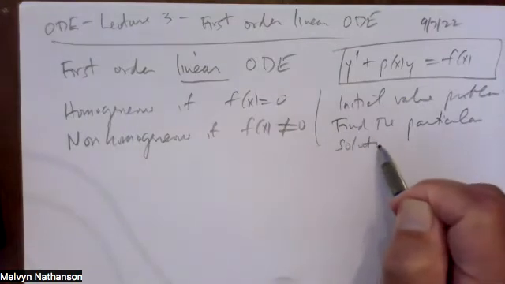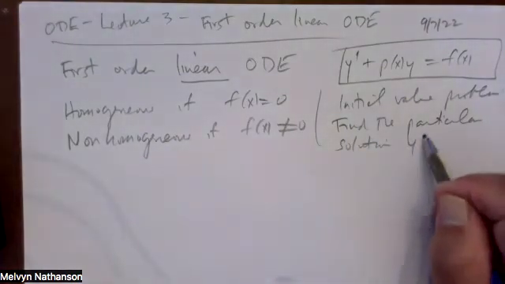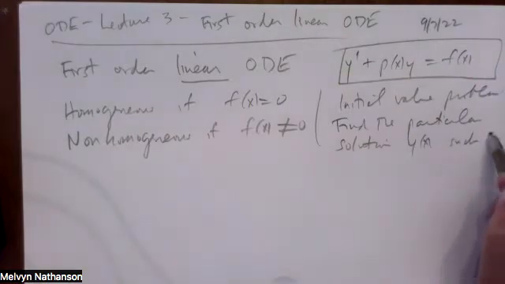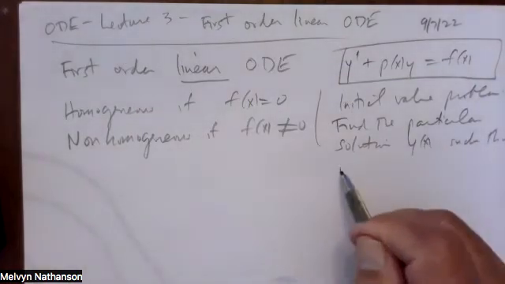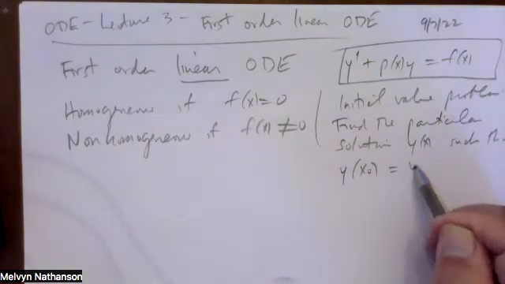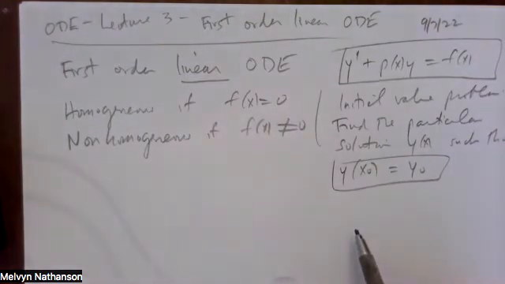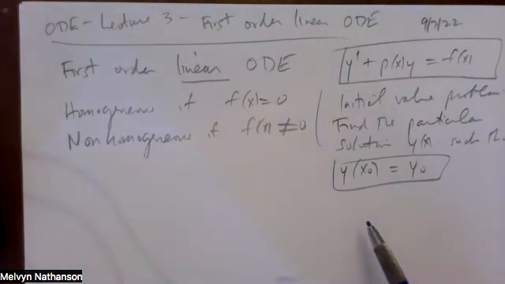That means a particular function y of x such that at some initial value x naught, the value of the function is some fixed value y naught. So this is an initial condition. So there are in general two problems to solve. One is to find the general solution of the equation. And then if you're given an initial condition, to find the particular solution.